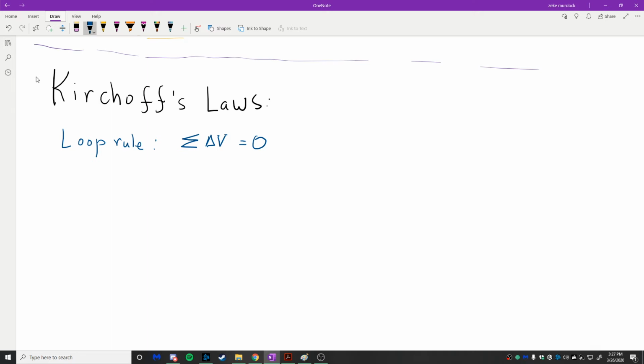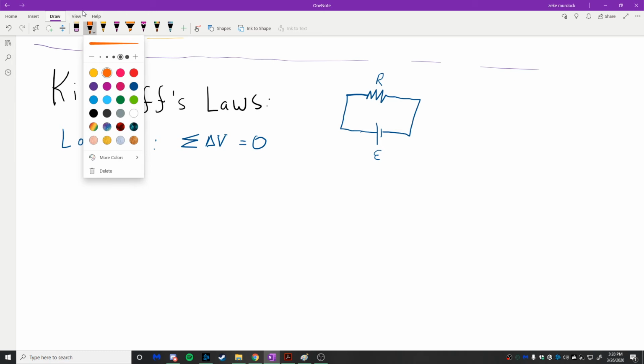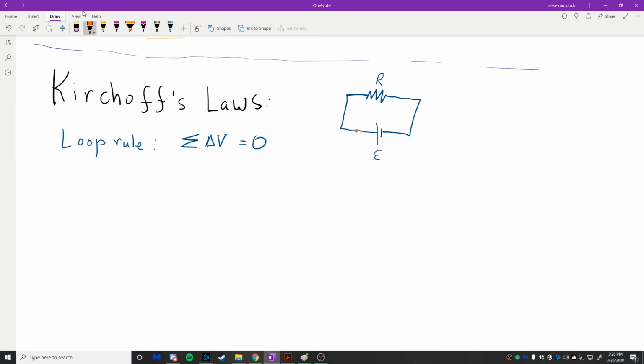I'm going to look at one real quick application of this right here. Suppose we have a battery that has an EMF E, and we attach to this battery a resistor that has a resistance R, and we come back down to here. The loop rule says that if I start at some point in my circuit, let's say the point right here, call that point A, and I then go around the circuit in a loop like this, what I get when I go through here is a voltage drop equal to I times R. There is going to be a current flowing here, but it's negative.